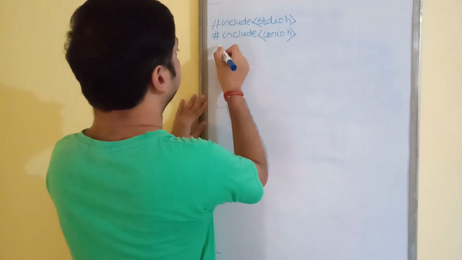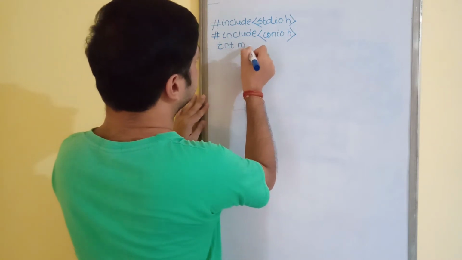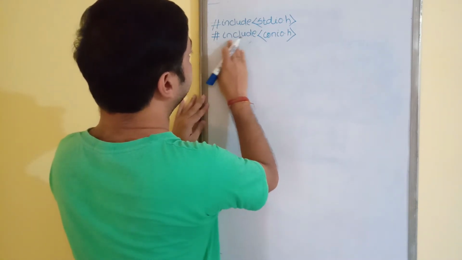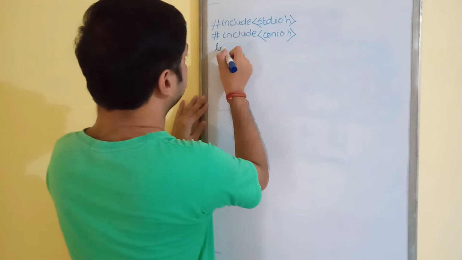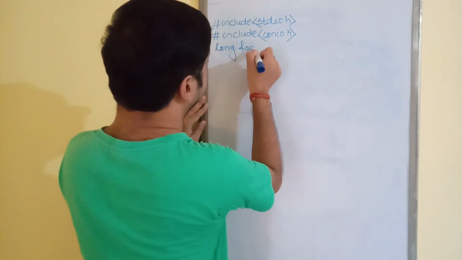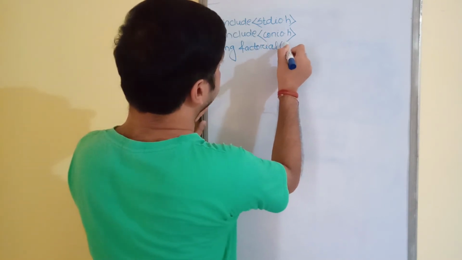Next we go for the main function, that is int main. Sorry, before that we need to declare our function. So you can write here long factorial, where factorial is the function name, and I can take here int.